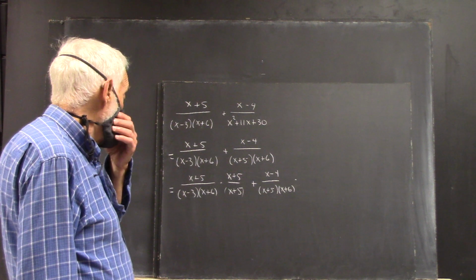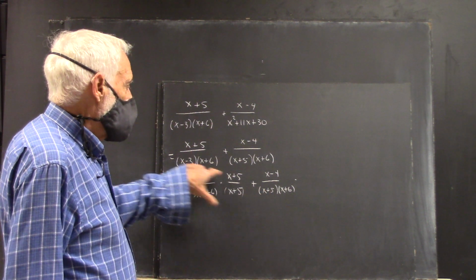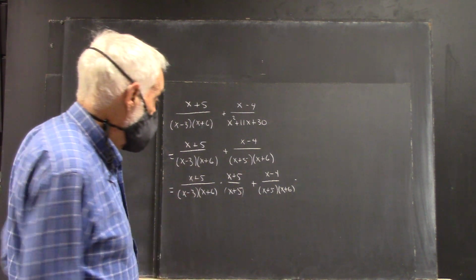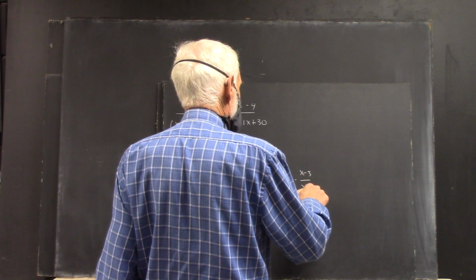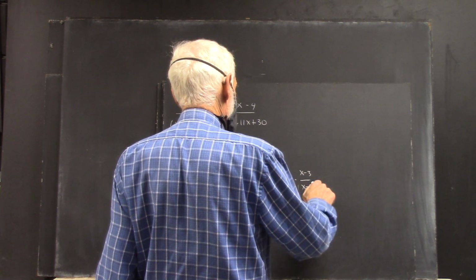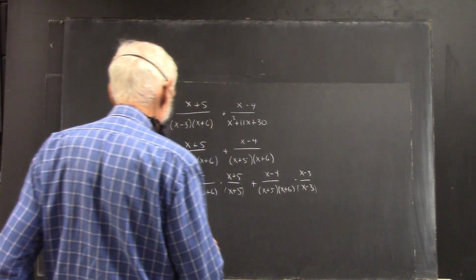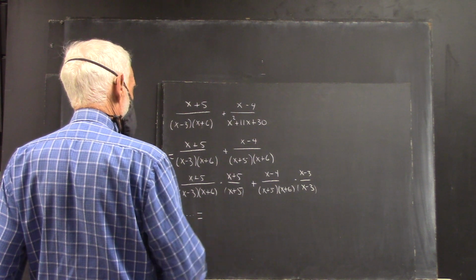So what do we have in this denominator that we don't have in this one? We have an x minus 3. So we do an x minus 3 over x minus 3. And now we see that the denominators match. I'm just skipping a step here.